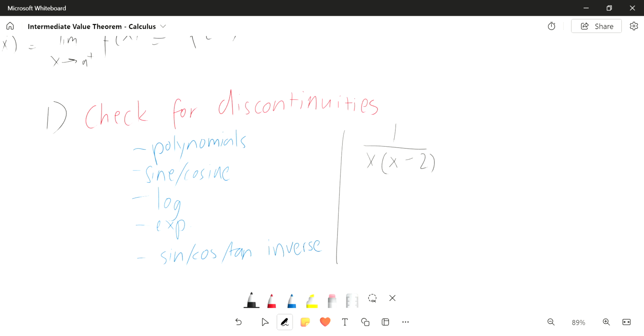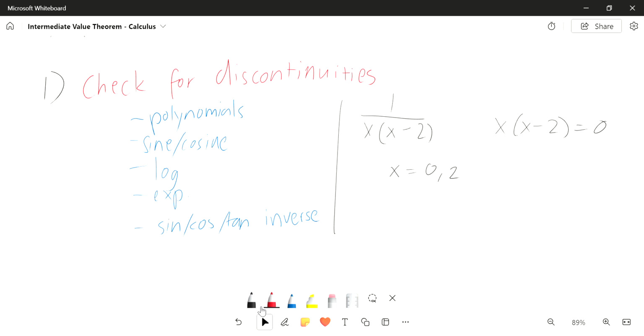It doesn't take very advanced mathematics to figure out that your discontinuities would be at x equals 0 and x equals 2, because if you set the denominator equal to 0, then you get x times x minus 2 equals 0, and using the zero rule, either one of these has to be equal to 0.